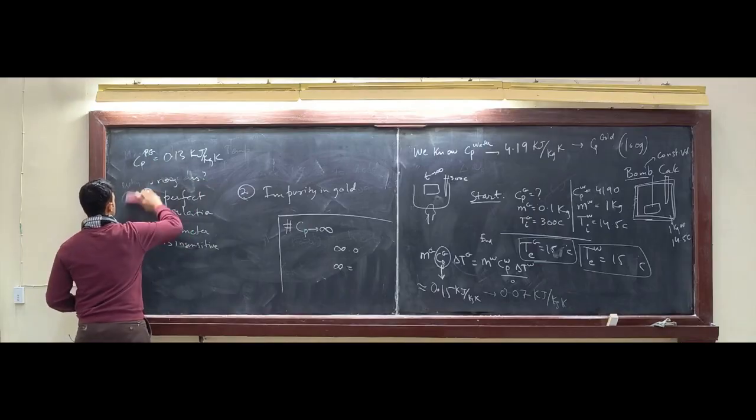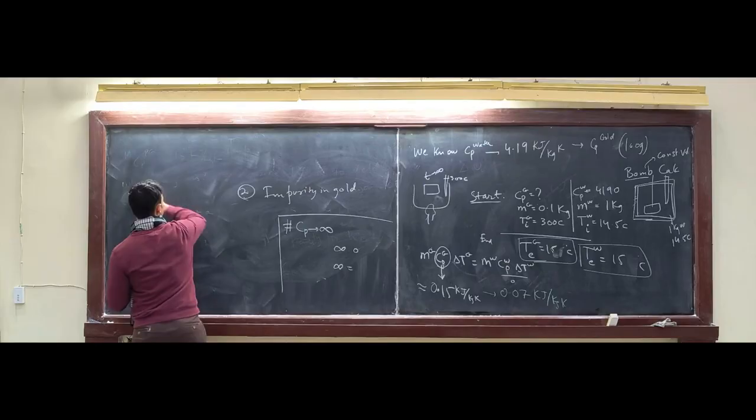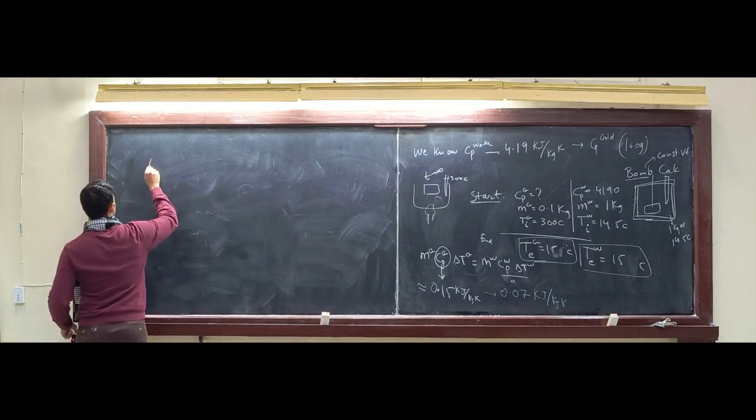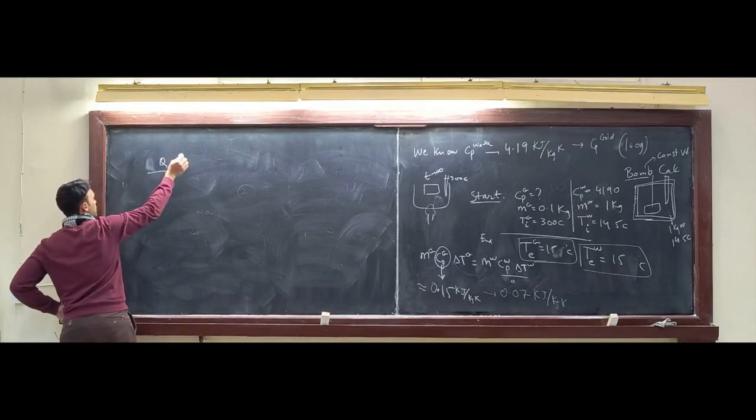So this is the first concept that you should remember, that the rate of accumulation of heat is given by, I should just write Q, right? Because anyway it's a transfer of heat.